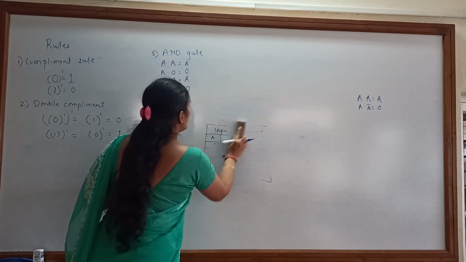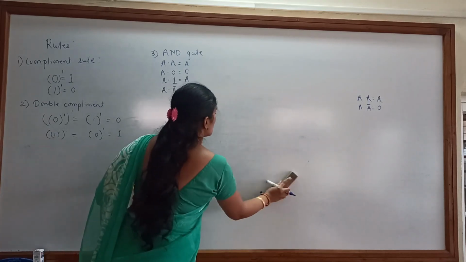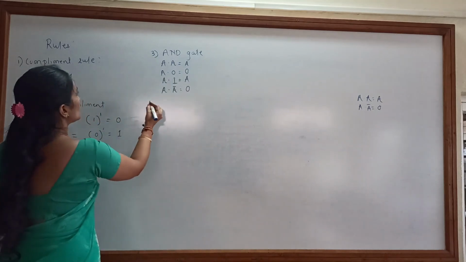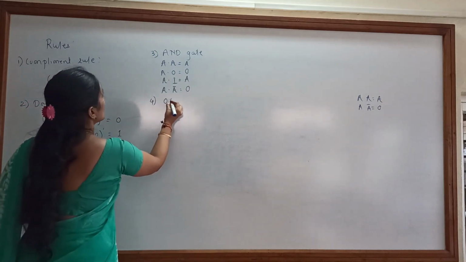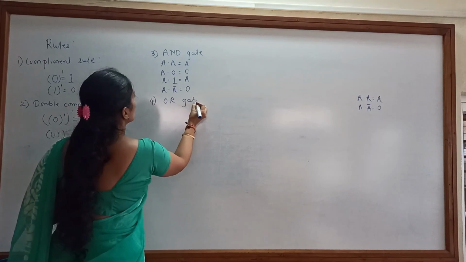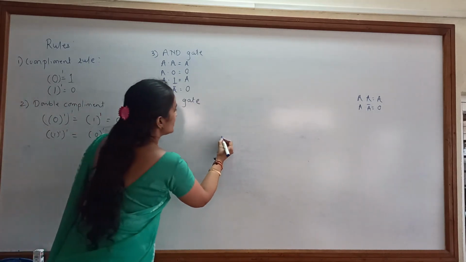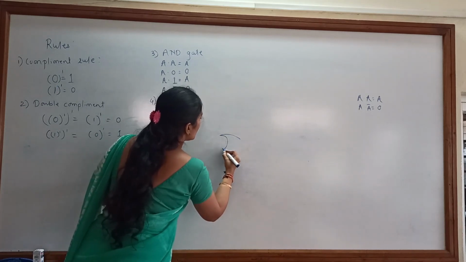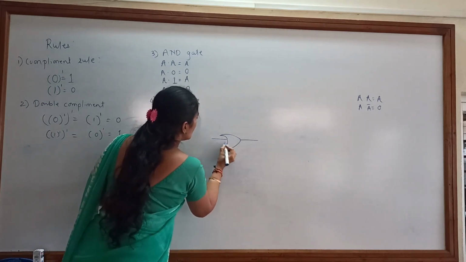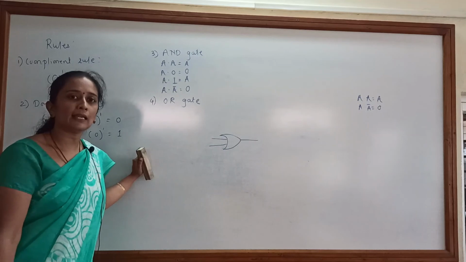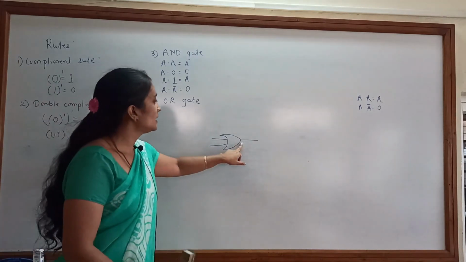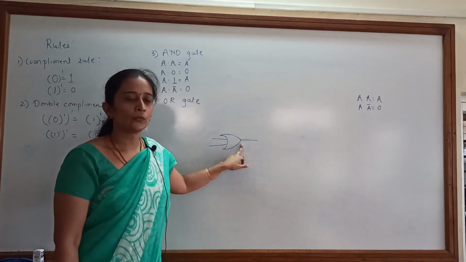These are the rules for AND gate. Now we will see what are the rules for OR gate. Fourth is OR gate. See, it is same as an AND gate. Symbol is different. Symbol is like this. Here also you can take any number of inputs, but you will get only one output.